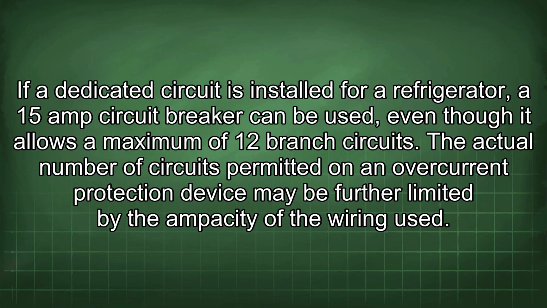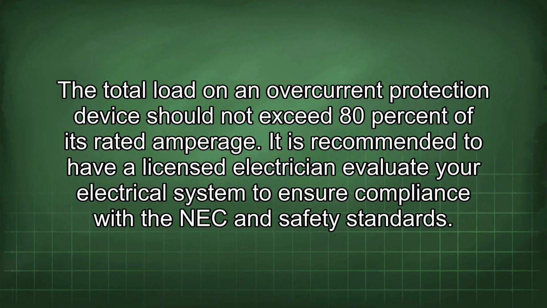The actual number of circuits permitted on an overcurrent protection device may be further limited by the ampacity of the wiring used. The total load on an overcurrent protection device should not exceed 80% of its rated amperage. It is recommended to have a licensed electrician evaluate your electrical system to ensure compliance with the NEC and safety standards.